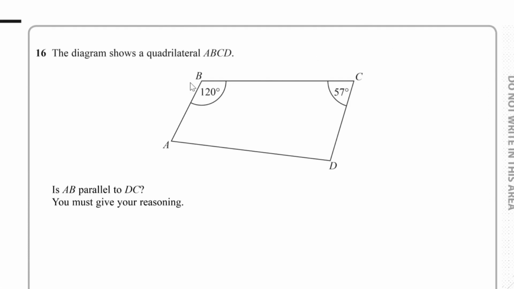Question number 16. The diagram shows a quadrilateral ABCD, and we have to think about if AB is parallel to DC. Give a reason for your answer. Well, what I'm looking for here are co-interior angles.